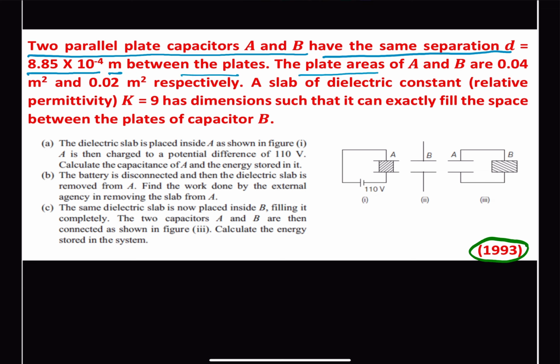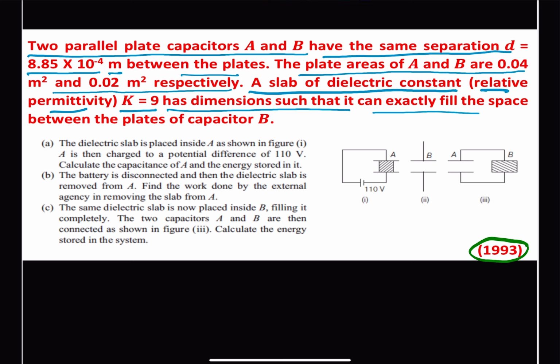The plate areas of A and B are 0.04 meter square and 0.02 meter square respectively. A slab of dielectric constant, that is relative permittivity K equal to 9, has a dimension such that it exactly fills the space between the plates of capacitor B.